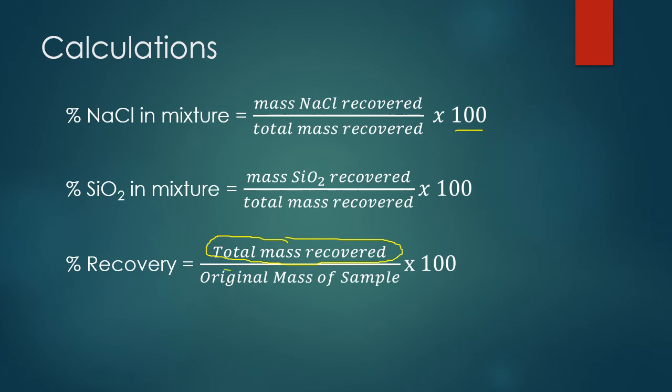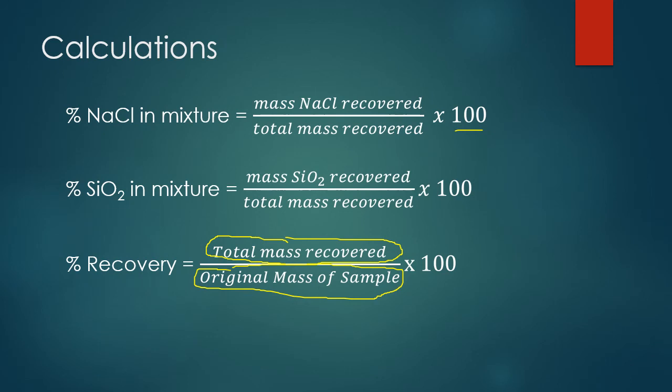Then you're going to divide that by your original mass of the sample. So that original solid in beaker 1, the unknown mixture that we massed. By doing this, you're figuring out what percent you actually recovered from the original sample. So multiply it by 100 to get it in a percent form.